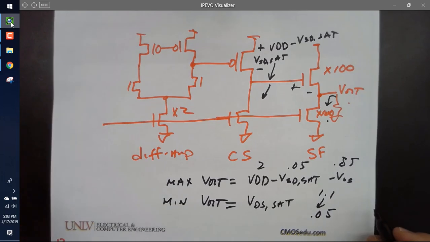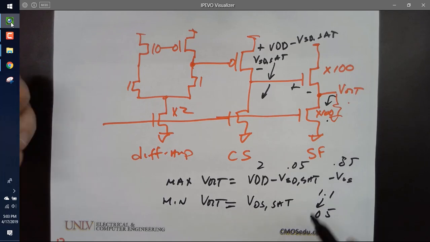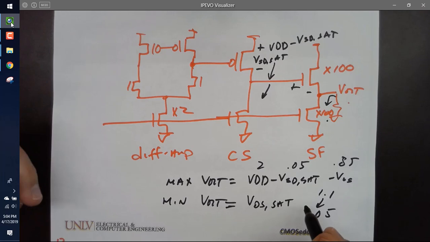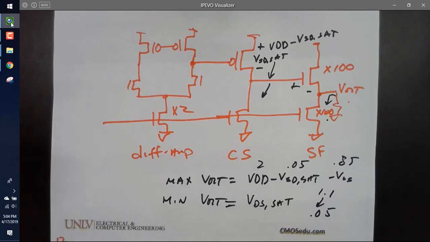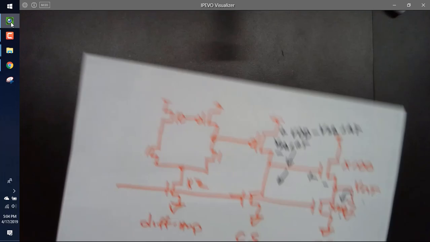Remember, I'm not using the book examples. I'm not brainwashed. I'm designing this myself. Everybody see that? You like it that half of your power supply voltage, you can't use it? I don't.